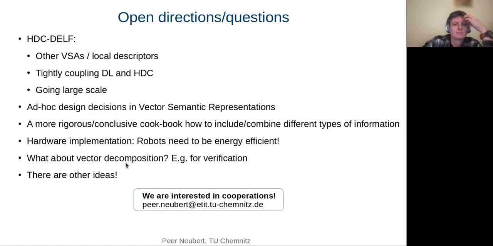But it would be very nice if we could, in a second step, decompose this vector again to get information about the local features to do something like verification of the matches that we got. Maybe then we are able to spend more time on a few candidates that we got with the holistic descriptor. Okay, there are also other ideas.